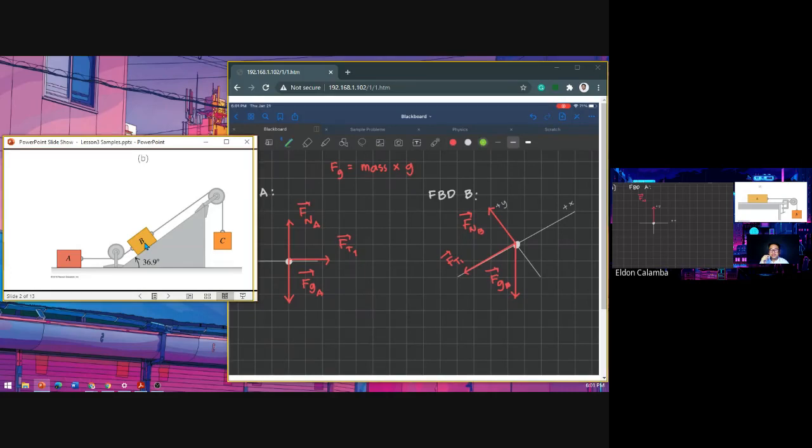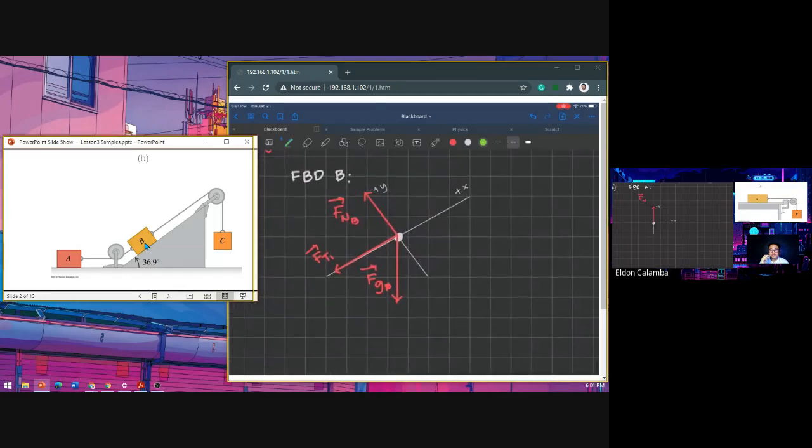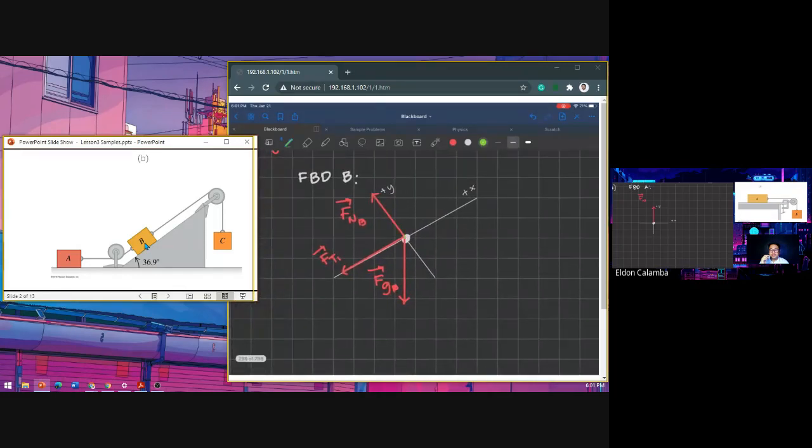Dapat ma-express natin yan siya into x and y components. So meaning to say, meron itong y component, FGy, and then meron itong x component, FGx.